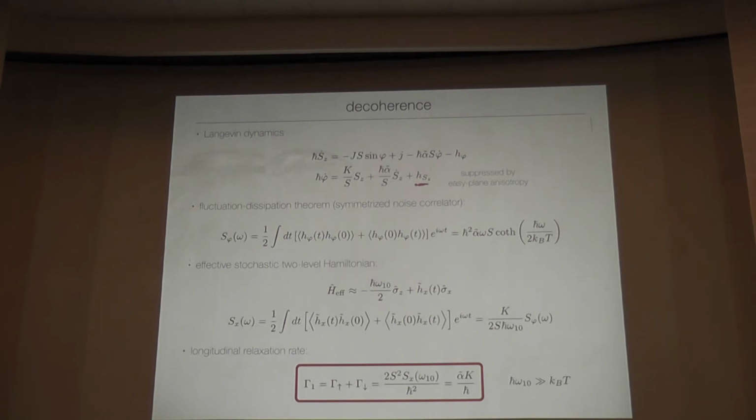So then the gamma 1 times the sigma x is going to give rise to the longitudinal relaxation rate, which is proportional to the noise correlator here, evaluated at the transition frequency, omega 1, 0. And that longitudinal relaxation rate is actually given by alpha, the Gilbert damping, times the anisotropy energy scale, K. So that sets the gamma 1.